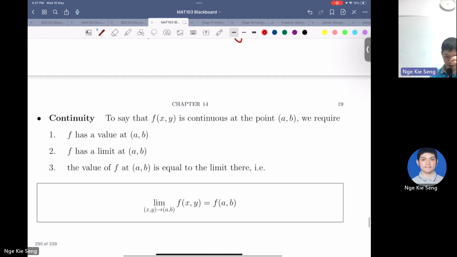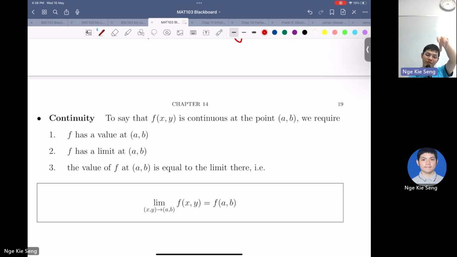Next, continuity. Just now we touched on it a little bit. To say that f(x,y) is continuous at a point (a,b), we require that f has a value at (a,b). So f evaluated at (a,b) gives you a value. Then you compare this value with your limit at that point. Limit at that point means you consider the neighborhood around (a,b), the points that are arbitrarily close to (a,b), and then look at this limit compared to the value at (a,b).